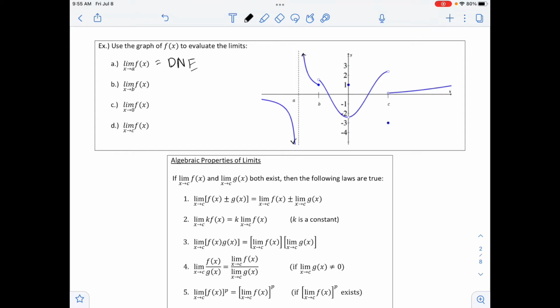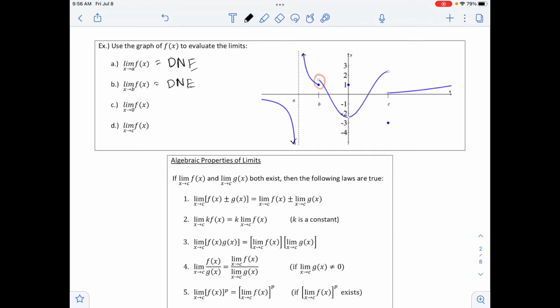For b, it says the limit as x approaches b of f of x. If you notice at b, our y values do not match. It looks like as it's approaching b from the left, it gets close to 1, and b from the right, it's approaching 2. Since our left and right side limits do not match, this also does not exist, or DNE.